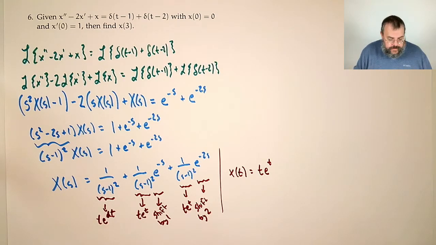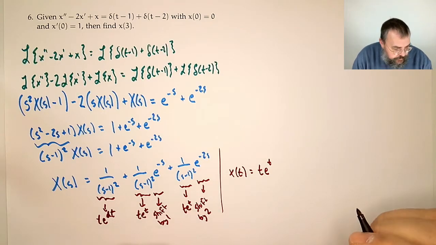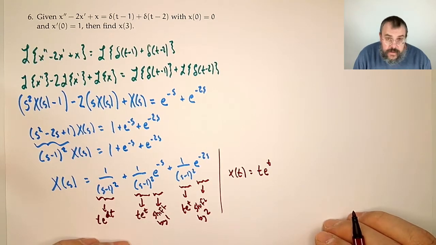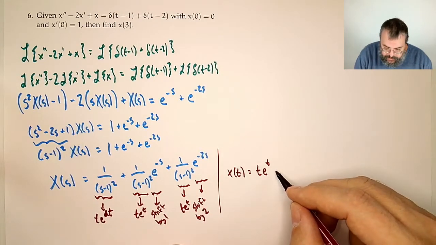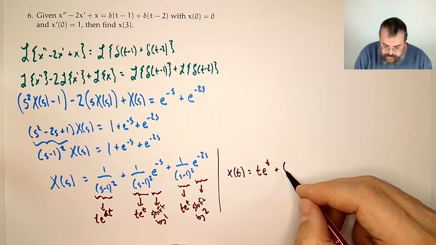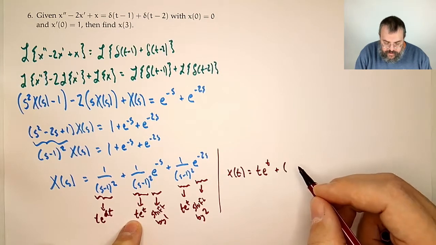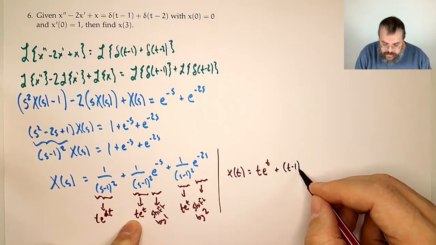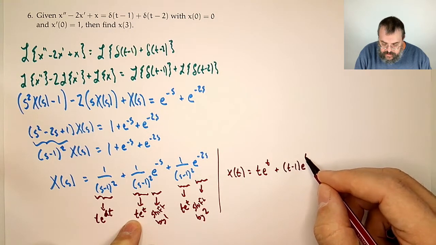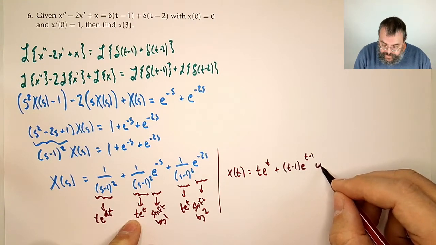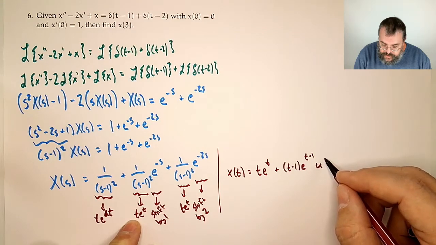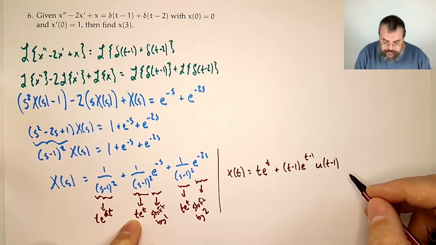And then what? We're going to have t e to the t shifted by 1. So that's going to be, when we shift by 1, replace all the t's by t minus 1, t minus 1 e to the t minus 1. And then there's one other piece. We have to have that on-off switch, u of t minus 1.